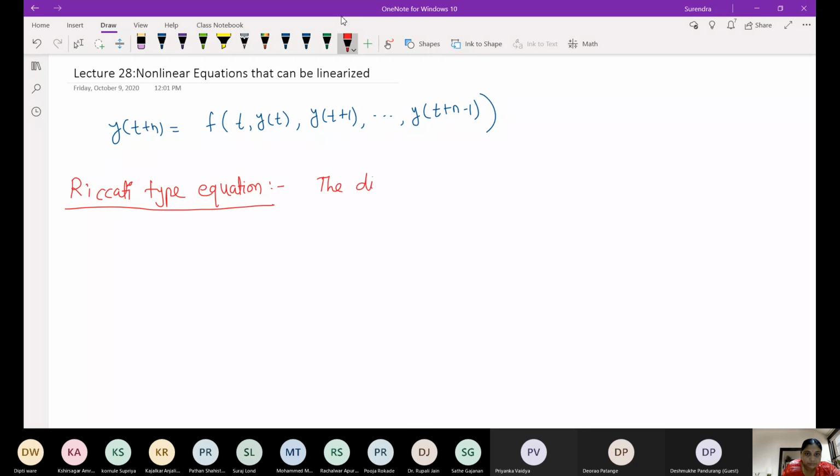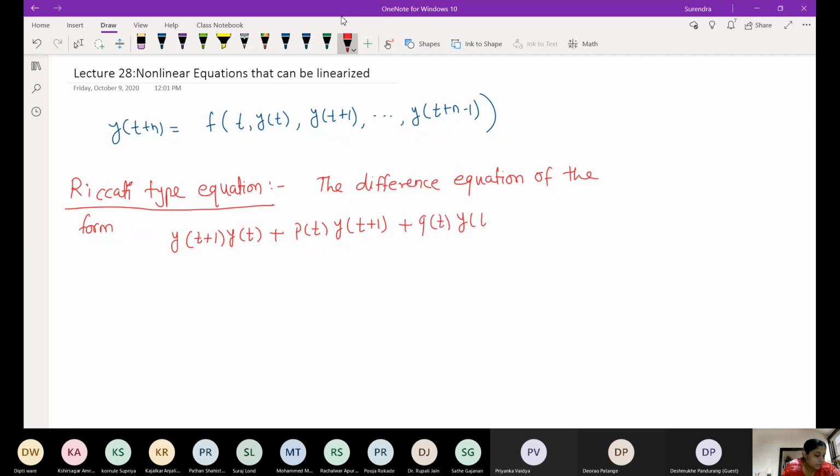the difference equation of the form y at t plus 1 into y at t plus p of t into y at t plus 1 plus q of t into y at t plus r of t is equal to 0 is known as Riccati equation.